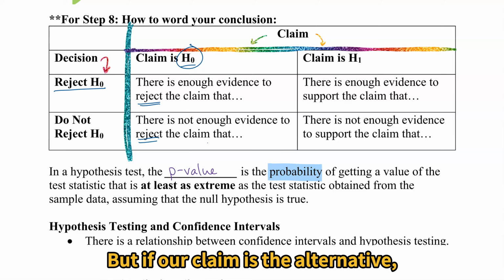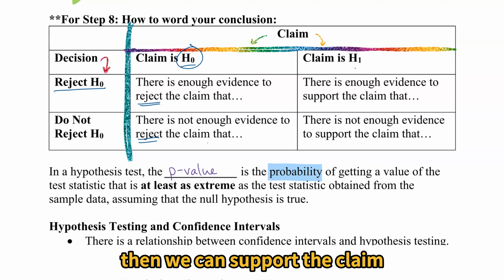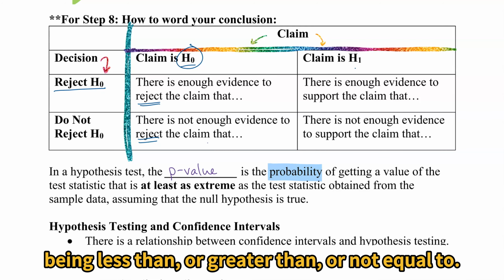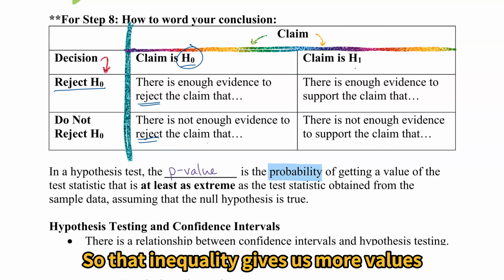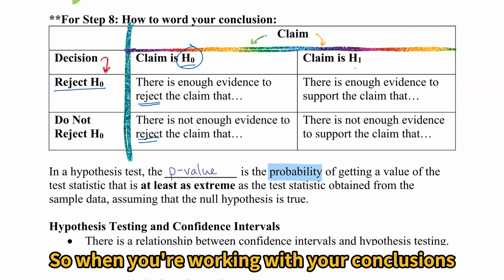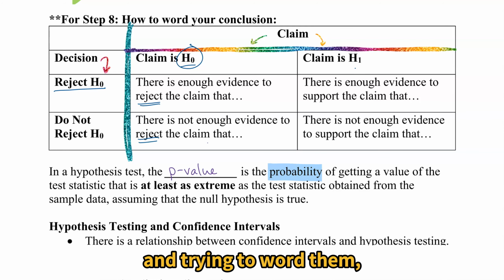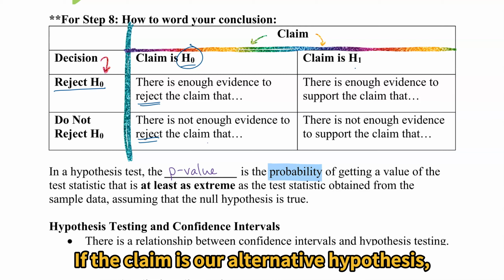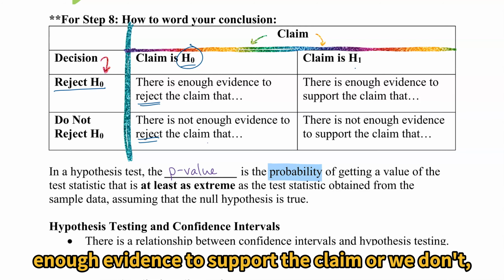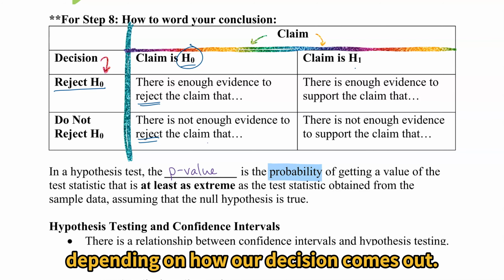But if our claim is the alternative, then we can support the claim because our alternative is talking about being less than or greater than or not equal to. So that inequality gives us more values than just one to work with. So when you're working with your conclusions and trying to word them, if the claim is our alternative hypothesis, which is an inequality, we either have enough evidence to support the claim or we don't, depending on how our decision comes out.